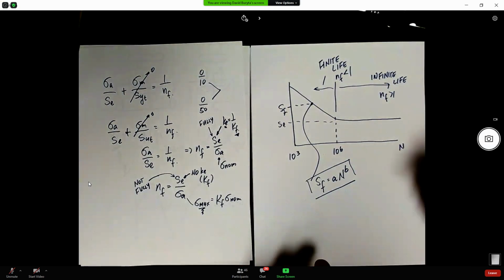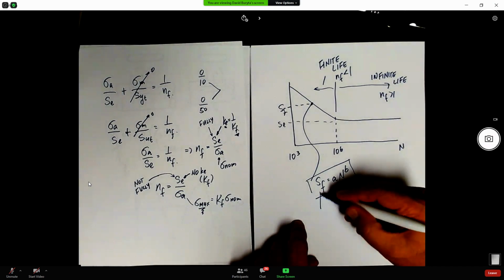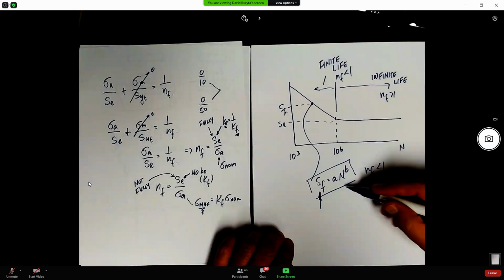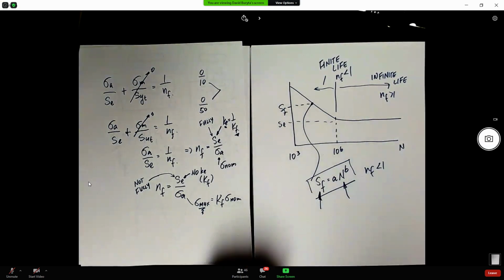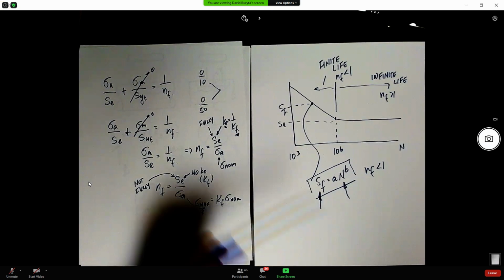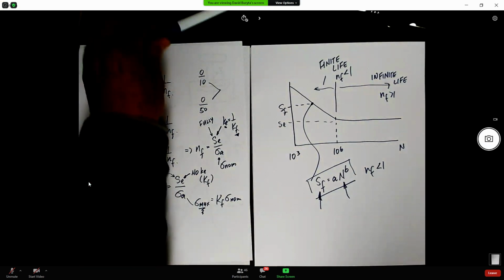Knowing the level of the stress, this would be Sf. Since we did the analysis and got an Nf less than 1, we can then determine the number of cycles to failure. Even though our factor of safety here came out greater than 1, I wanted to illustrate how you do this in the example that's posted.